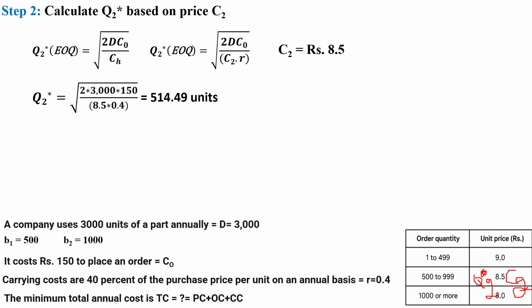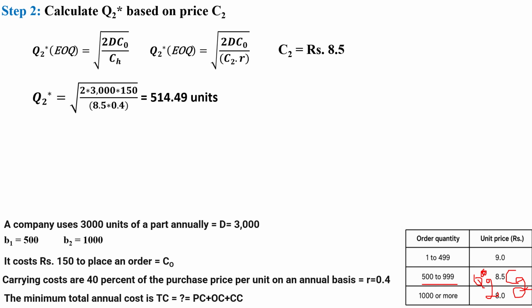Then substituting all the values, we get Q2 star equal to 514.49. So observe that at the price of 8.5 rupees, we have to order a quantity between 500 and 999. The value 514.49 is between 500 and 999, so the 8.5 unit price is feasible.